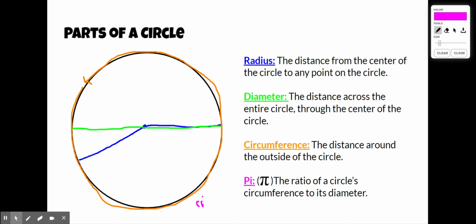If I take the circumference of a circle, any circle in the world, if it's an actual circle, and I take its circumference, the distance around the outside, and I divide that by the diameter.